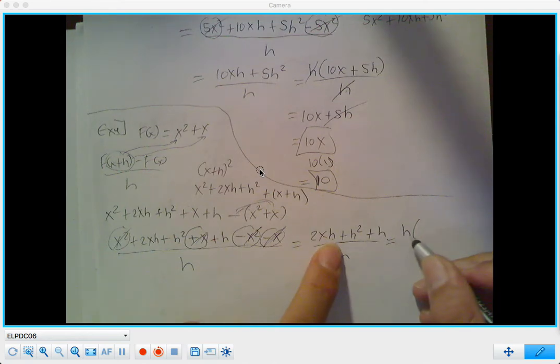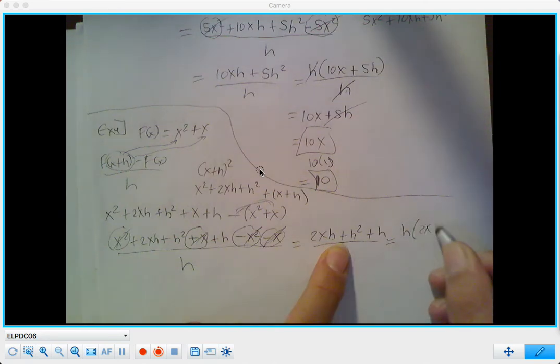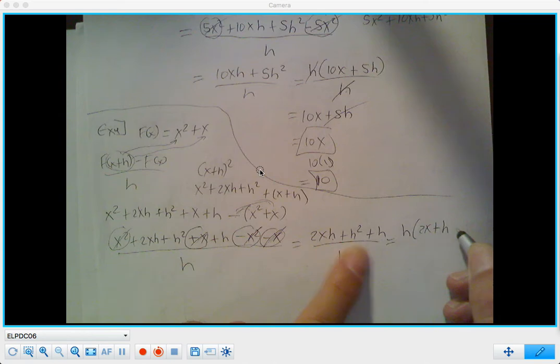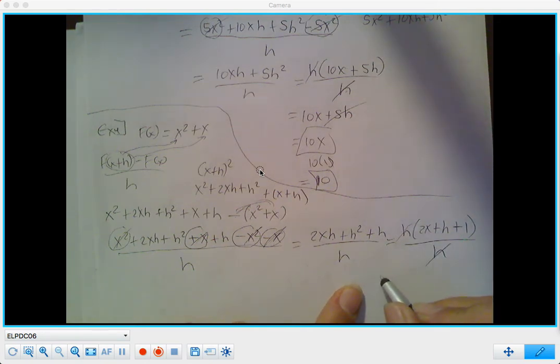So if I take out an h, this becomes 2x, I have a plus, this becomes h, and this becomes 1, right? h times 1 is h, and then I have an h on the bottom. Top and bottom cancel out, so now I have 2x plus h plus 1. And then remember this is 0, as h approaches 0, so our answer would be 2x plus 1.